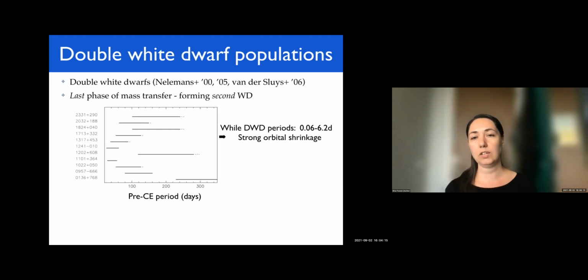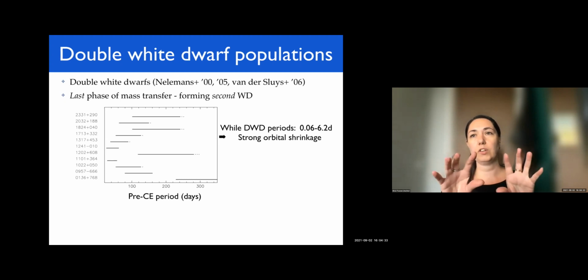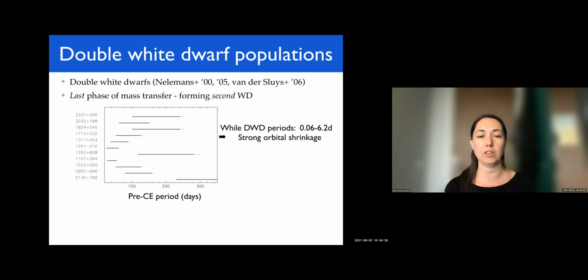Now, this has been studied by several different groups. For double white dwarfs, I just mention a few of them here. And I just show one plot here of the derived periods for double white dwarfs in this case. So this is the period that the system would have when we have a white dwarf and just a normal companion, so before that last common envelope phase.